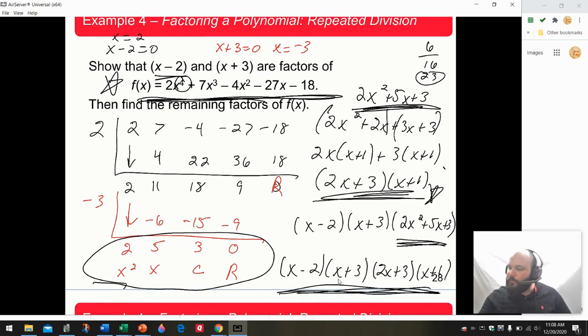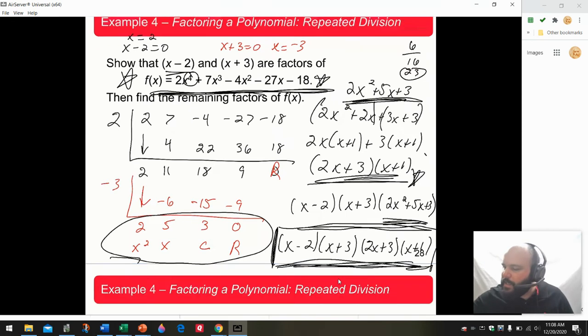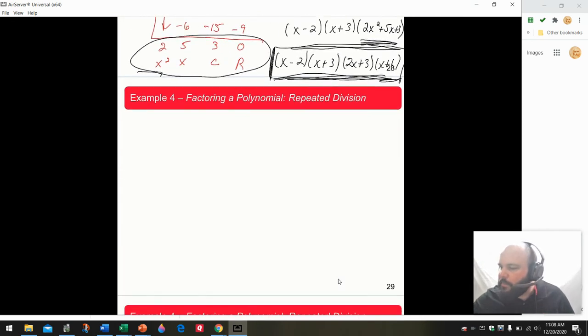If you were to FOIL all of this back together, you would get this one up there. Okay, so now you can see how we're using all these things that we've been working up towards. We started by learning how to factor and then different factoring techniques using quadratics. And then I showed you how to do long division in the last video. And now I'm showing you synthetic division. And we're going to use all of these tools to break down these polynomials into their linear building blocks.